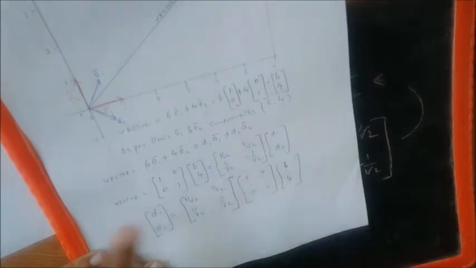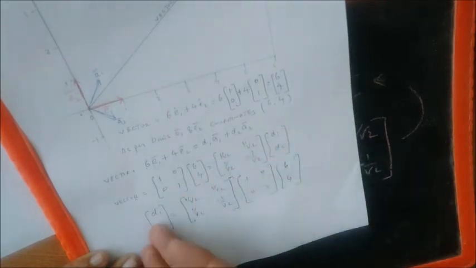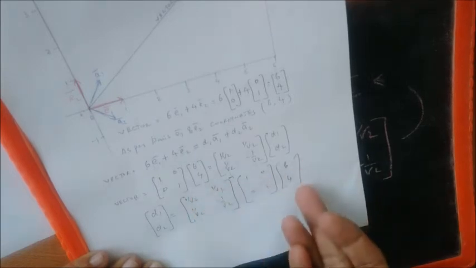That means I have inverted this and multiplied it from this side. So the inverse of this into this will give d1 d2. That's what is written here.